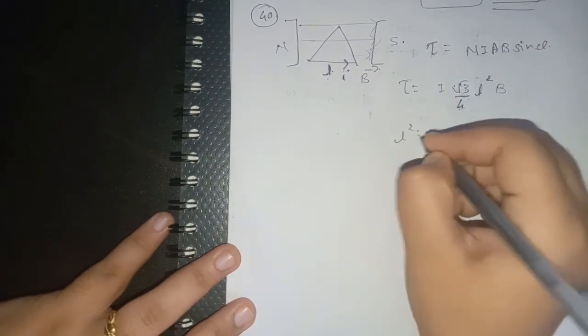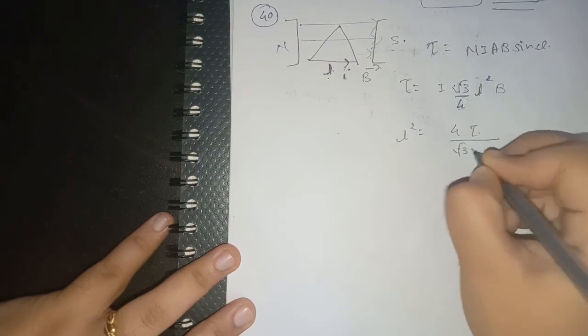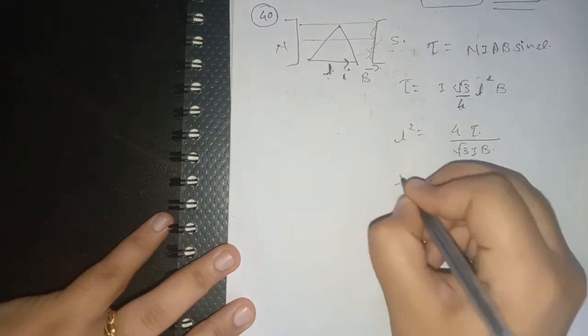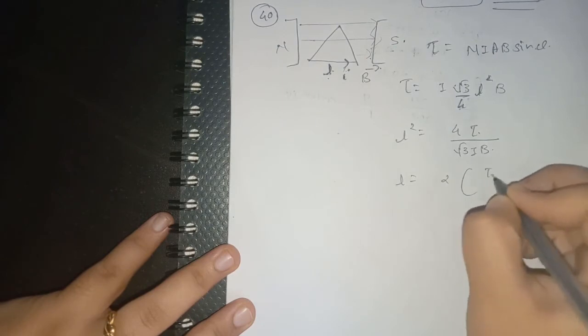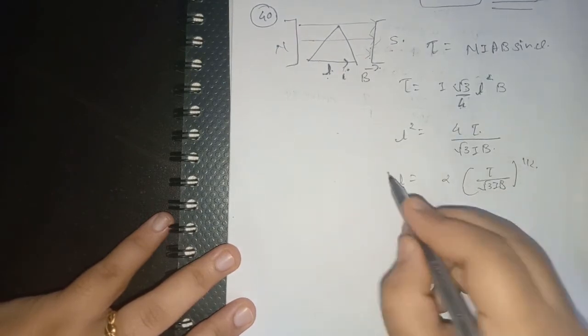So L square is given by 4 tau divided by root 3 I B. So L will be (2 tau divided by root 3 I B) whole power 1 by 2.